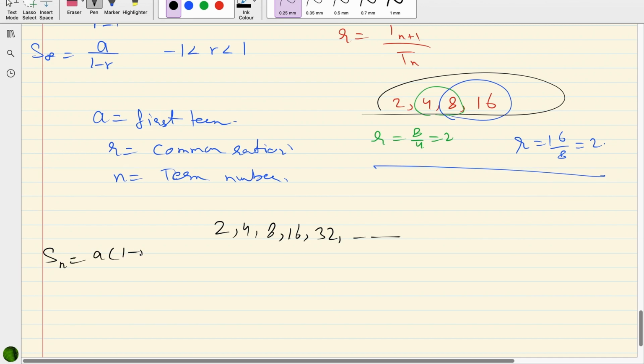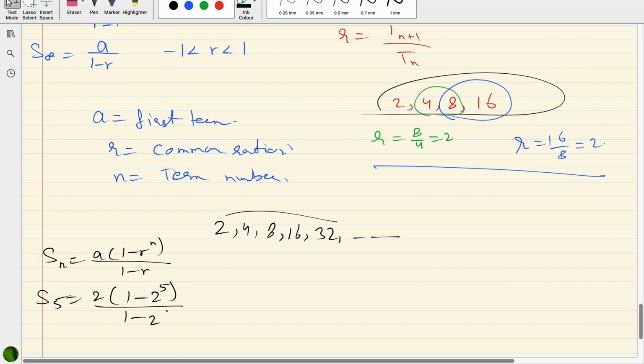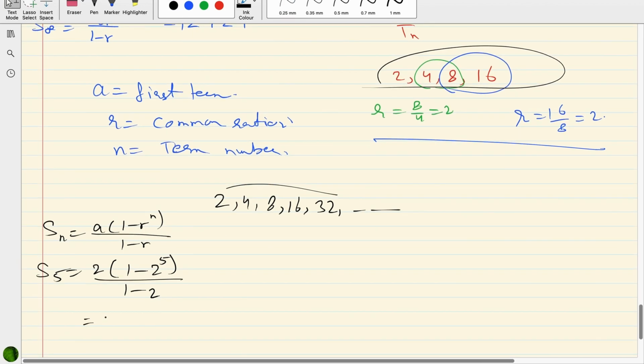So we'll write a into 1 minus r raised to power n over 1 minus r. And suppose we have these 5 terms, so we can cross check the sum of the first 5 terms. a is 2 in this case, r is again 2 in this case, and n is 5, over 1 minus 2.